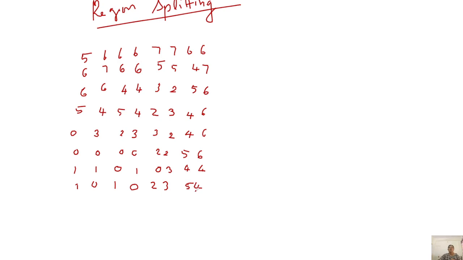Okay, fine. So this is my 8 cross 8 pixels. Here the threshold is given as 3.